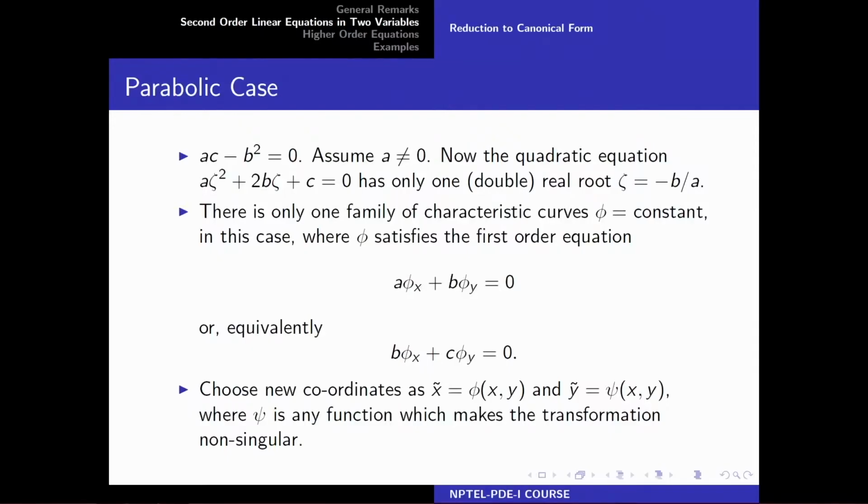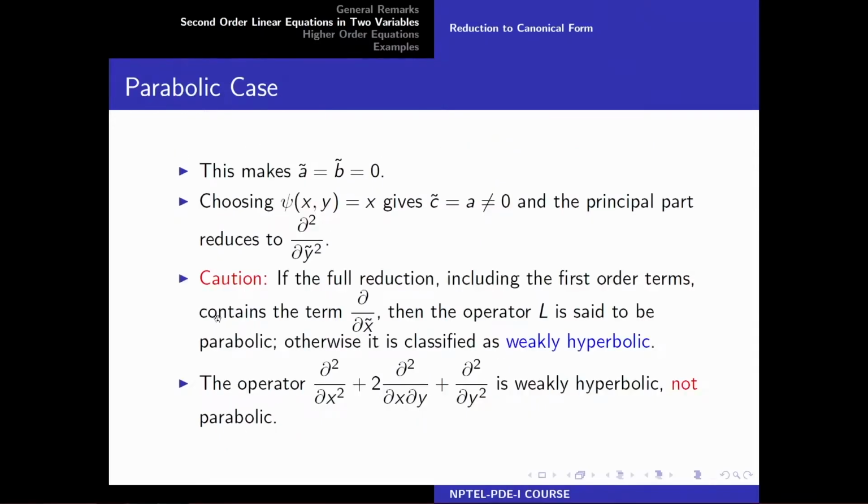a tilde and b tilde are 0, a tilde and b tilde are 0. So, there is only one term remaining. So, for example, here I can simply choose psi x y equal to x just for the argument sake. So, this we can freely choose.